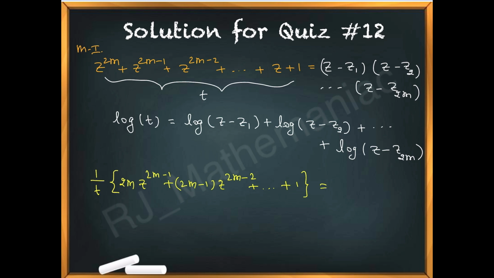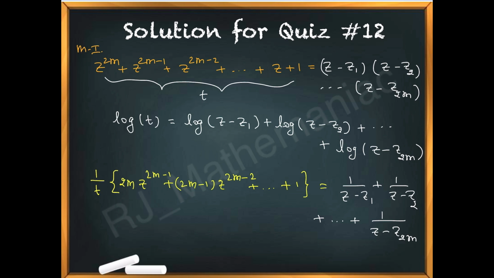This is equal to 1 upon (z minus z1) plus 1 upon (z minus z2) plus and so on, 1 upon (z minus z2m).